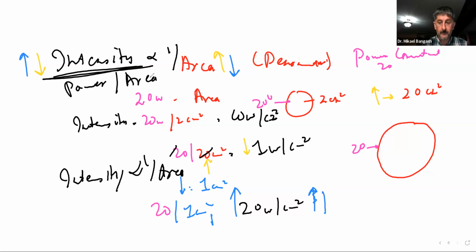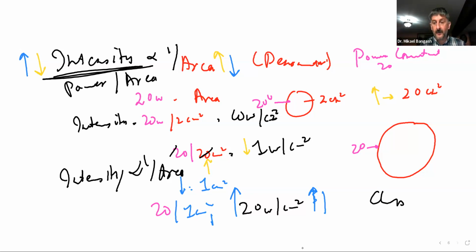Now in chapter number 5, we will have a whole detailed discussion about intensity. We will come across 2 types of intensities, or 2 ways of looking at an intensity. Clear?